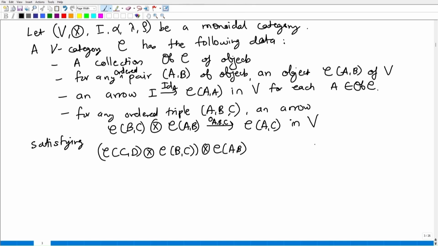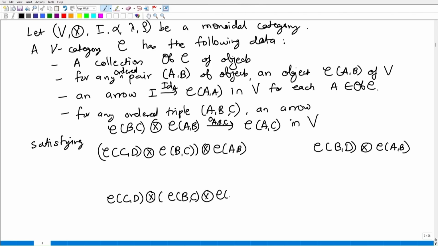Here we have C_BD tensor C_AB. Then over here we have C_CD tensor C_AC, and in between we have C_AD.